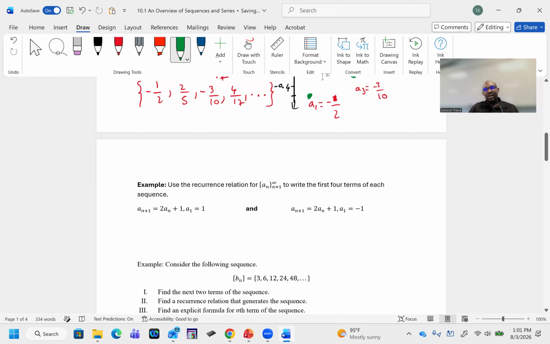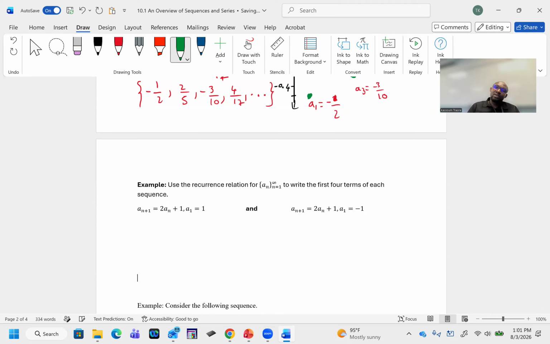Use the recurrence relation. So this is the recurrence form, the recurrence relation for A sub n, for n from 1 to infinity, to write the first 4 terms of each sequence. So, in this case, A1 in a recurrence form will always be given to you, which means we can find A2, A3, A4.